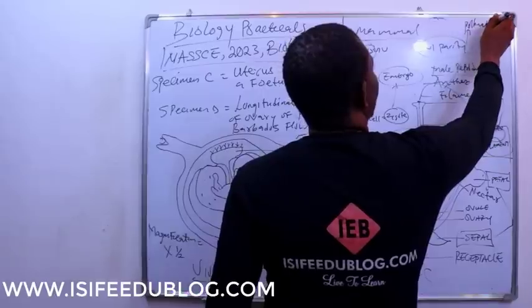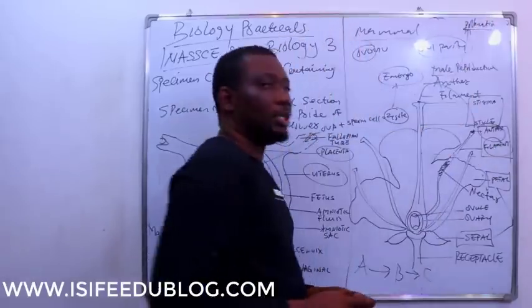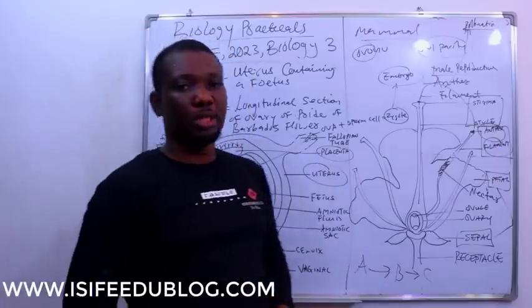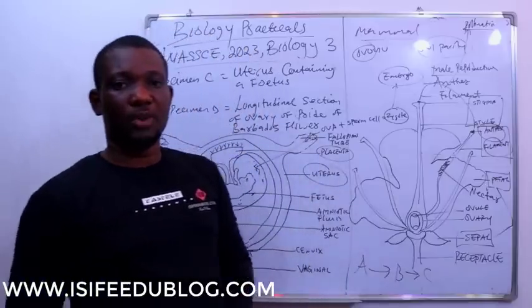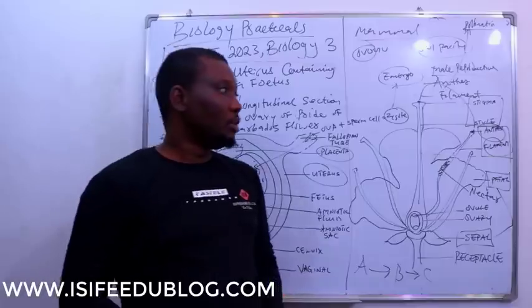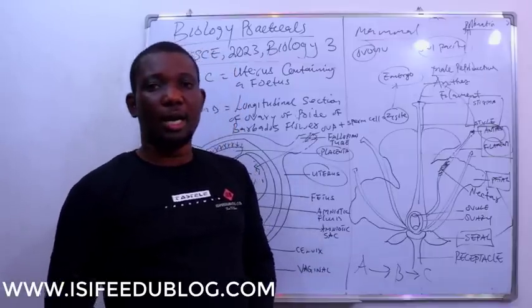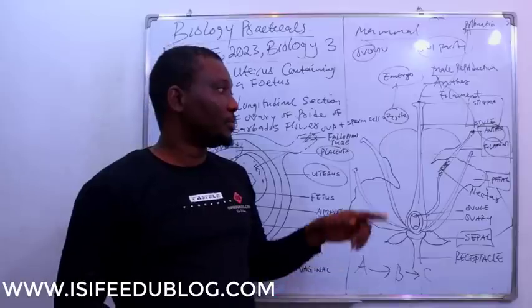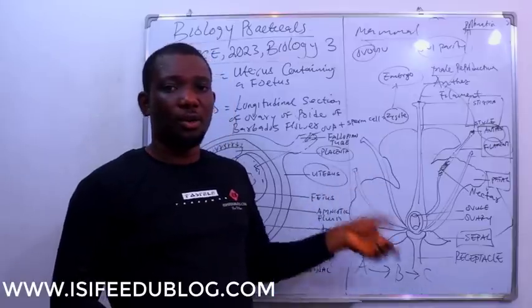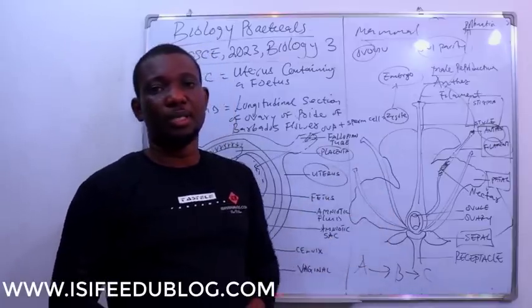So this is where I have pollination. This is now when you should know what is pollination: the transfer of matured pollen grain from the anther of the flower to the stigma of a flower of a particular species.